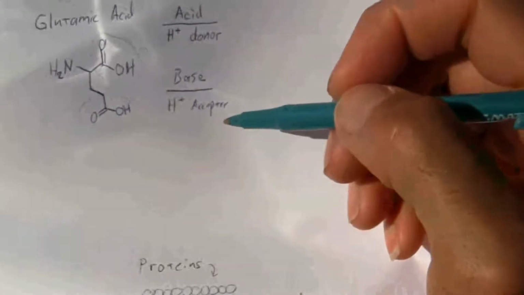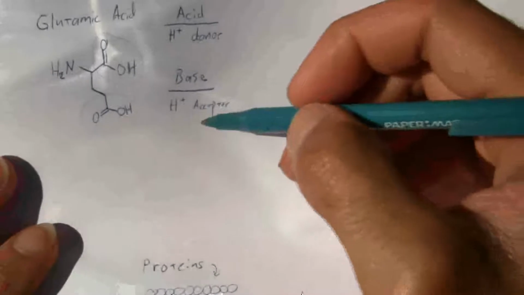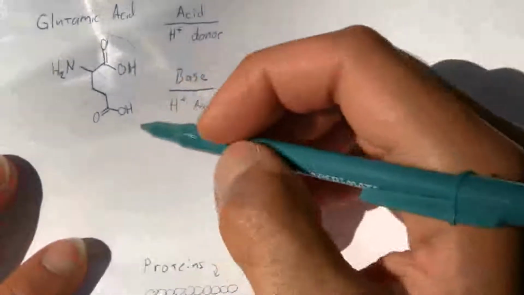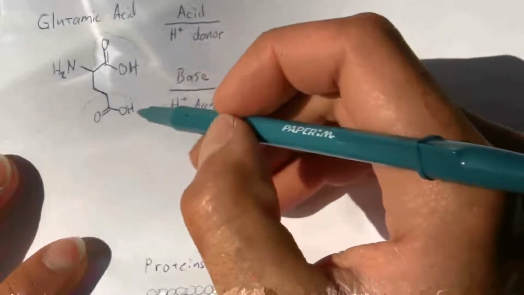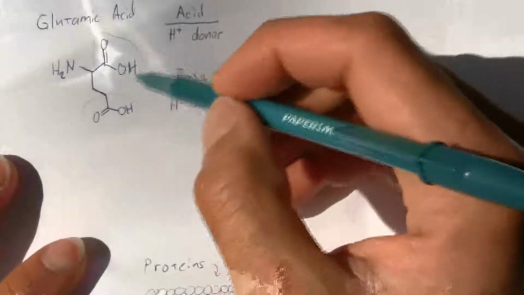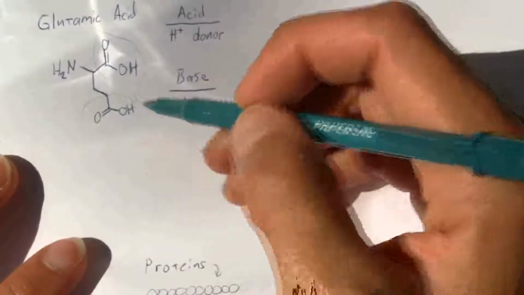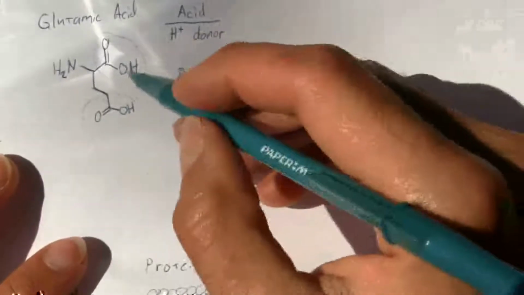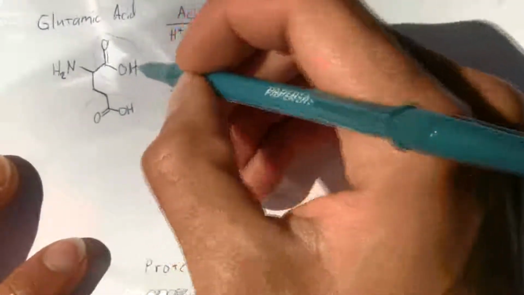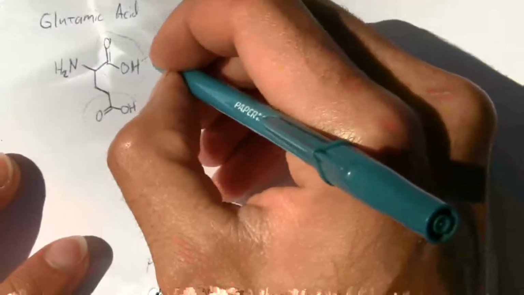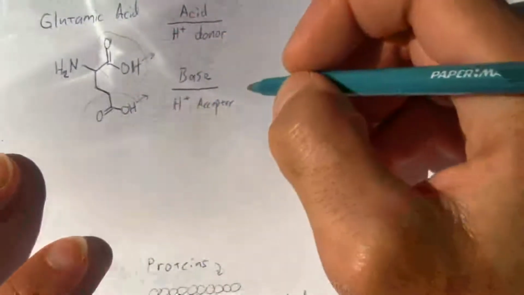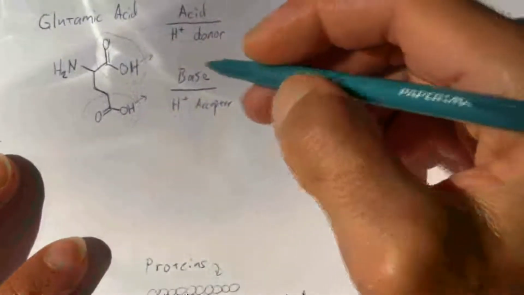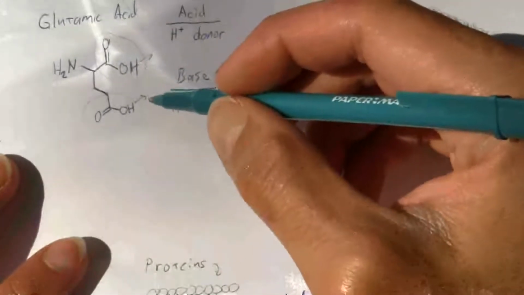This is the Bronsted-Lowry definition of an acid and a base, and it works quite well. So these are acid functional groups, which means they are donors of that hydrogen ion. That means those hydrogen ions are fairly easily removed.